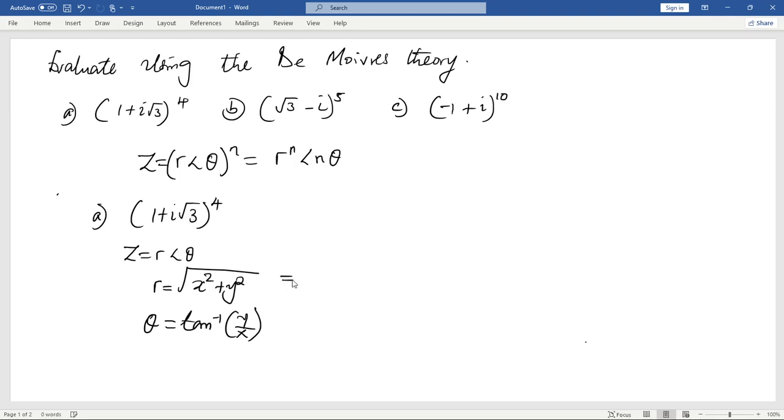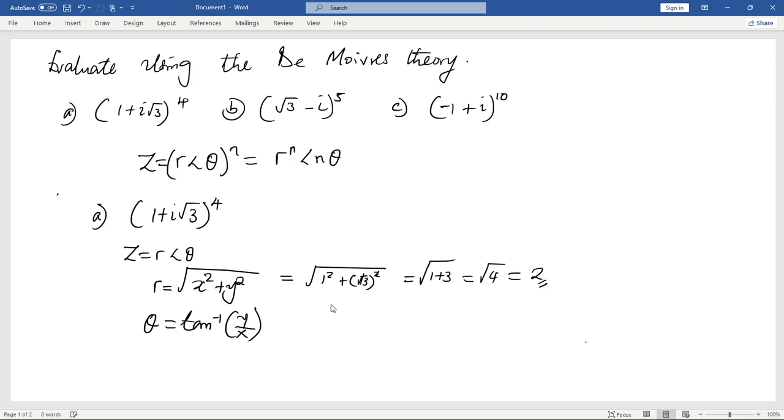So meaning that r will simply be equal to the root of 1 squared plus the root of 3 squared. So here, this and this are going to cancel. We're going to remain with the square root of 1 plus 3, which is simply the square root of 4, which will give us 2.